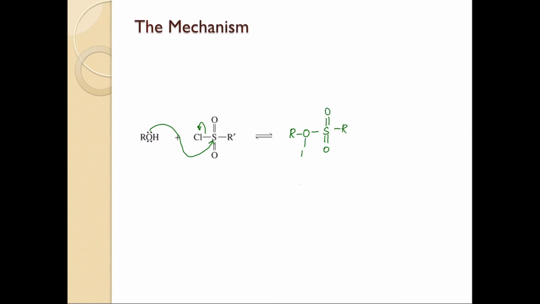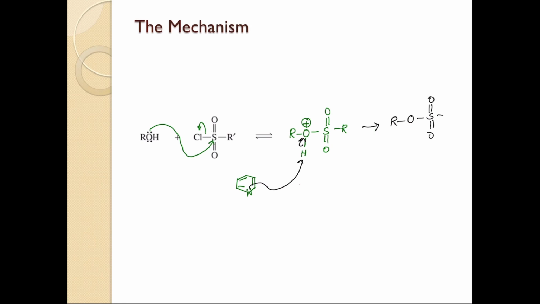And remember, you still have the hydrogen on it, and this oxygen is going to be positive. This reaction doesn't happen without pyridine. So the role of pyridine is both solvent, and also a scavenger, basically a base, which is going to grab this hydrogen and neutralize this charge. Now you have your sulfonate ester.